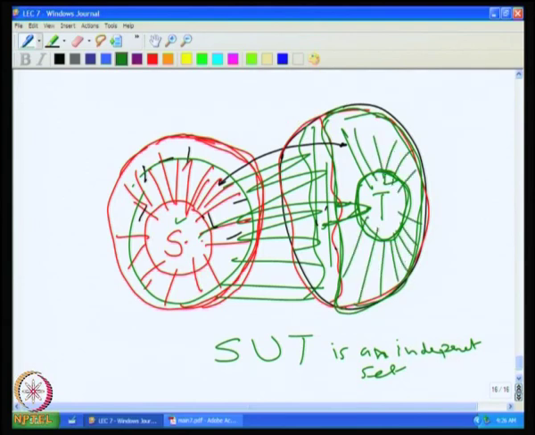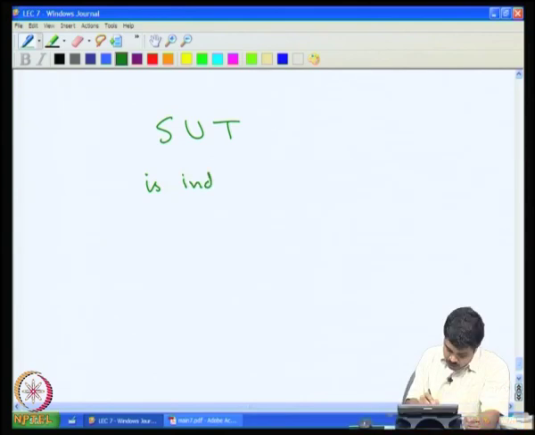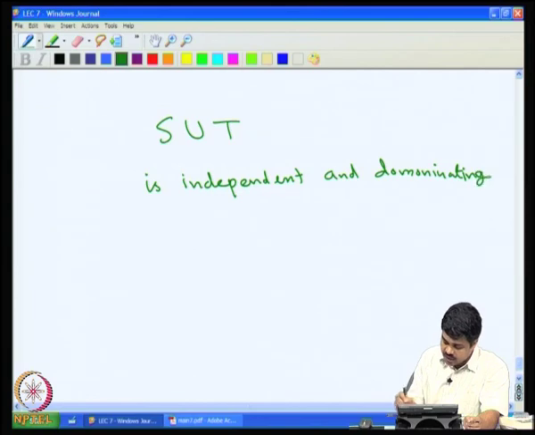So, this entire graph is dominated by S union T. What we have now shown is that S union T is independent and dominating, so it is indeed an independent dominating set.